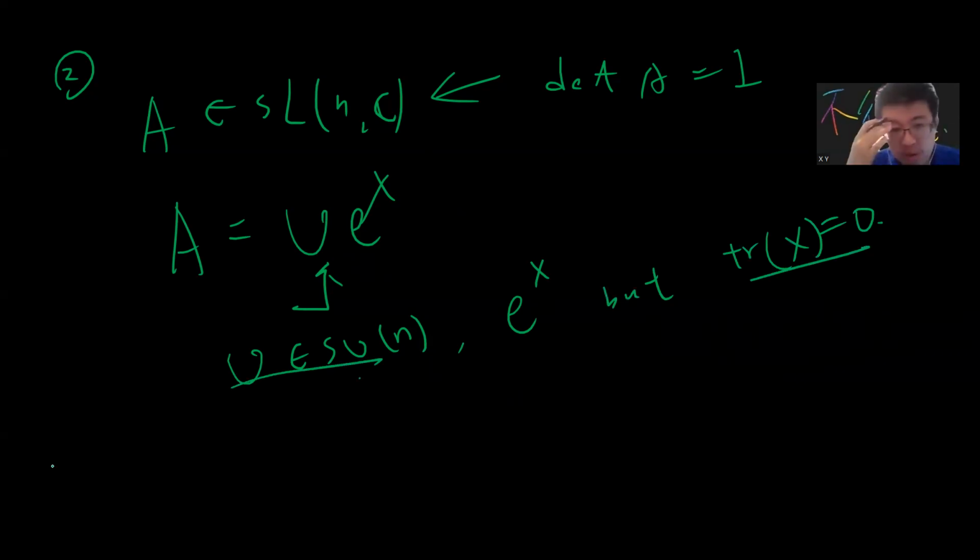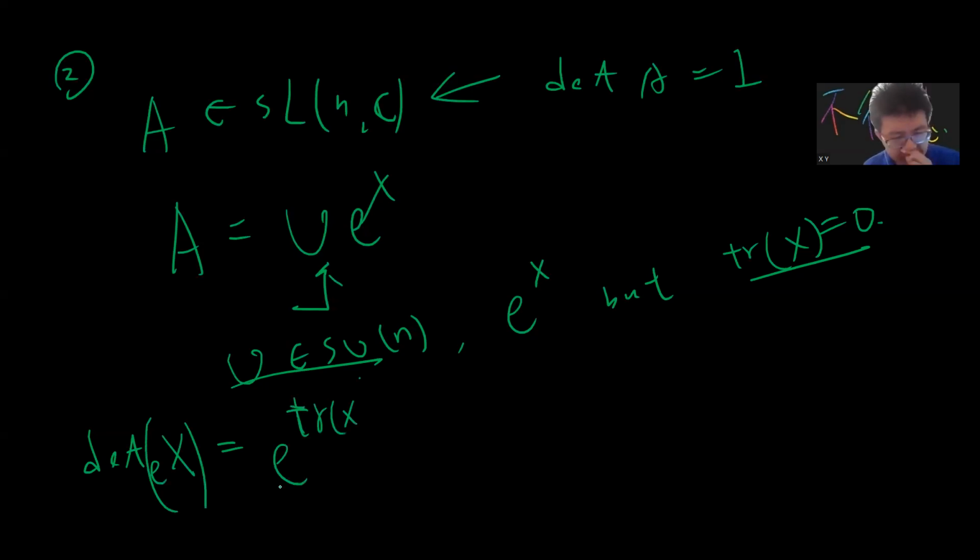Okay, the proof. I need to think a little bit. Basically, the determinant one condition is trivial because you can show that the determinant of exponential X is the same as exponential of trace X. You can try to prove this, especially when X is diagonalizable. Then the proof looks almost trivial.